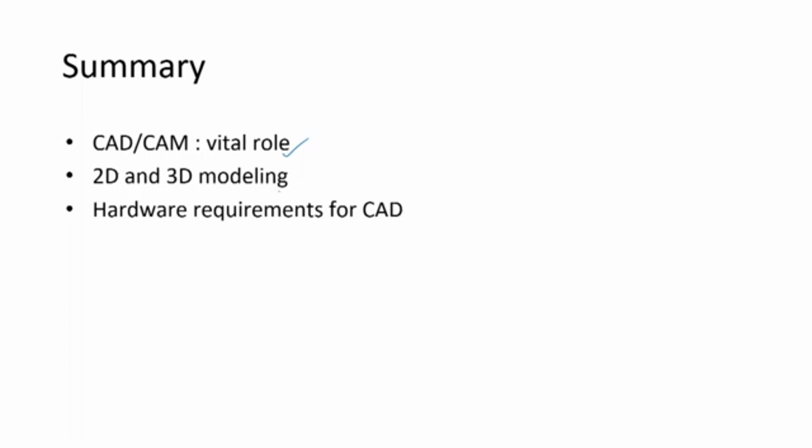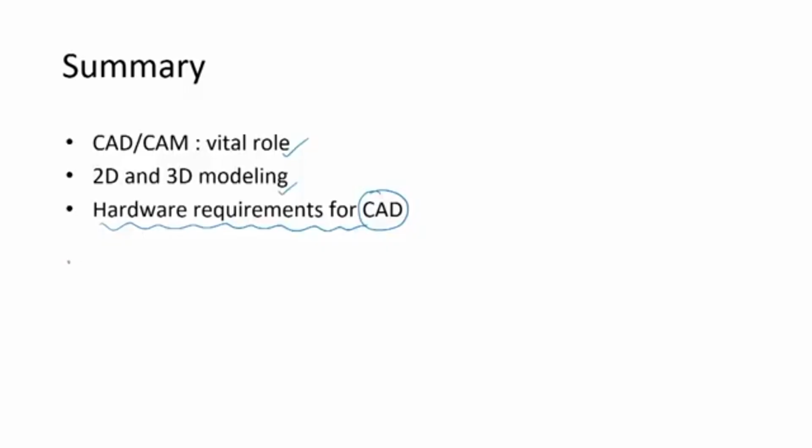Then what are the various 2D and 3D modeling techniques being used, what are the various input output devices being used, we have seen them at a very introductory level. The details about these are out of scope of this course. We have also seen the hardware requirements for CAD, and even the applications of CAD and CAM in detail during our discussions.